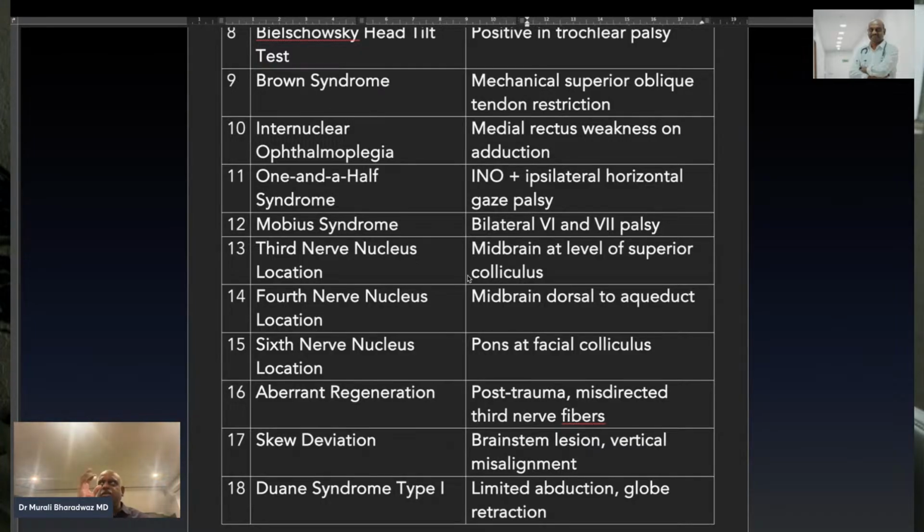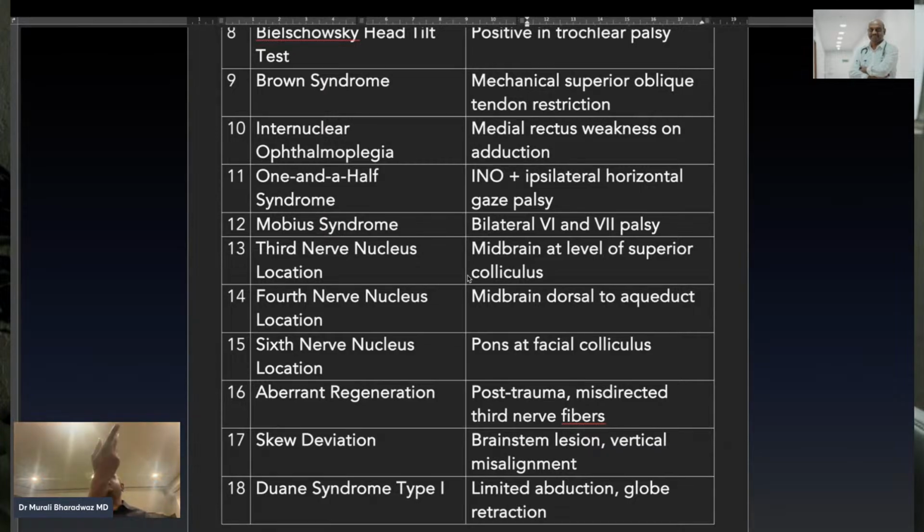Suppose if it is internuclear ophthalmoplegia, the adductor lag is a problem only when the other eye is abducting, not when you are looking at an object close by. That time it will adduct, because it has no need of coordination with the opposite side. Right?